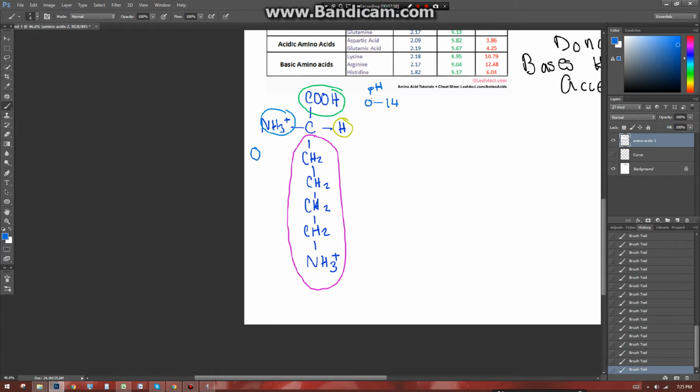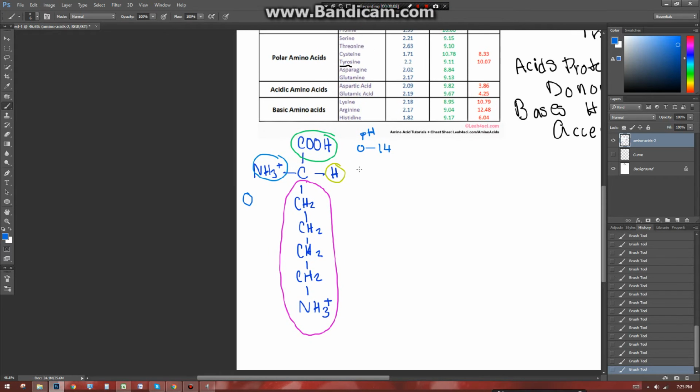This is acidic, and this is basic. At a pH of 0, there are going to be a whole lot of protons floating around in the environment already. So the amino acid's not going to need to donate any hydrogens. There's going to be nothing to donate hydrogens to, because there are so many hydrogens in the environment already. So it's going to be fully protonated at 0.